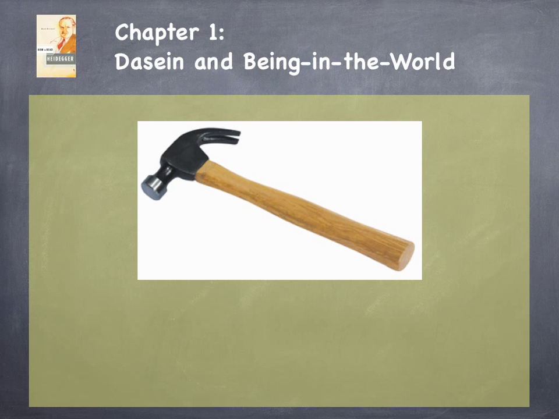So how are meaningful objects like hammers? How do they have their beings? This is a tricky way to ask the question. How are they? I know that they exist, but how do they exist?